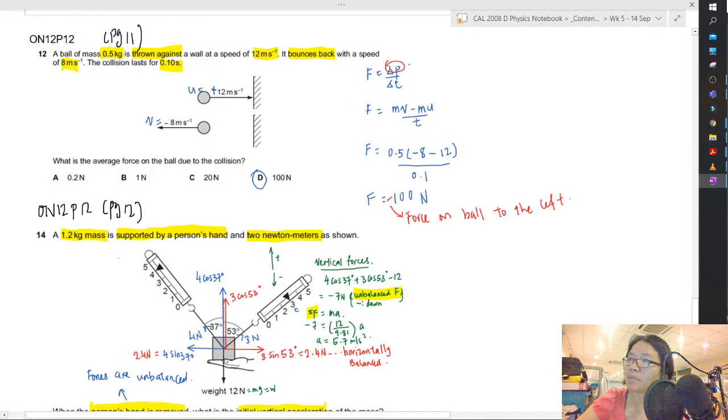So this delta P will be the delta P of your ball. So this mv over mu is all about the ball. So hence, this is the force acting on the ball. So this means when the ball is in contact here, it will experience a force that is in the left direction, like this. This is your force. That's why you get a negative sign.